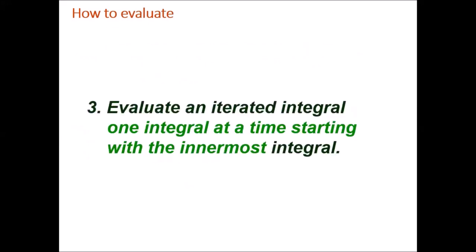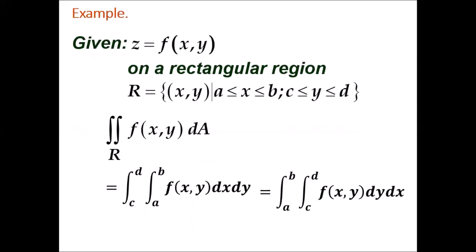Third, we evaluate an iterated integral, one integral at a time, starting with the innermost integral. How to do so? Let's consider an example. In this example, we are given z equal to f of xy, and it is bounded by a rectangular region R with a set of ordered pairs xy, where x is from a to b and y is from c to d.